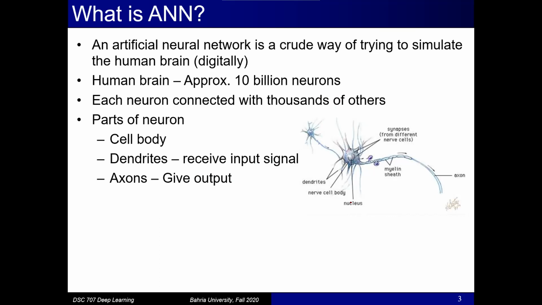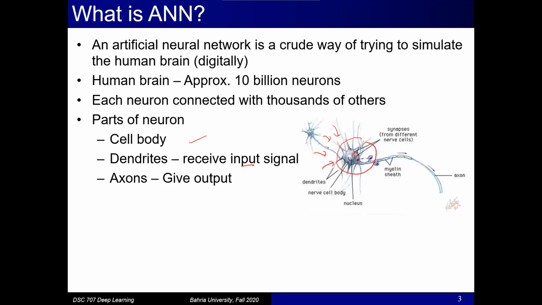This is basically a biological neuron, which is the unit of the central nervous system. So you see, if this is a cell, in the center you see something which is called the cell body, right? And then you have these branches which are connected to the cell body. So the cell body is receiving some input on these branches, right? And these are actually coming from some other neuron.